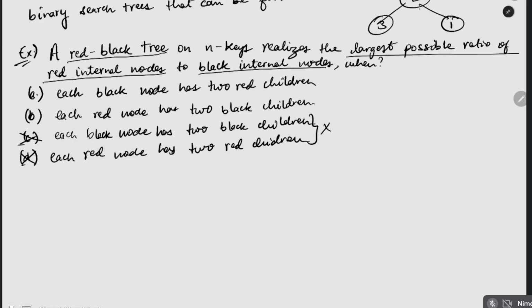And for B, again, red nodes should have black parents, but it does not say anything about the children.